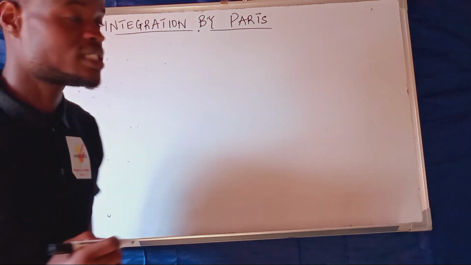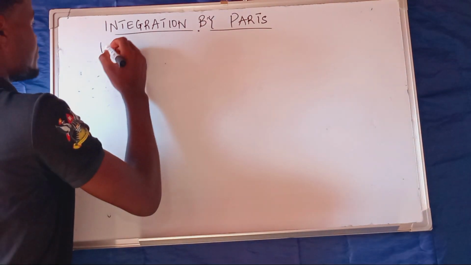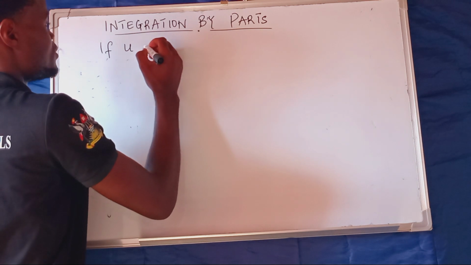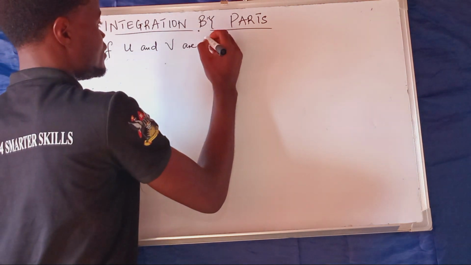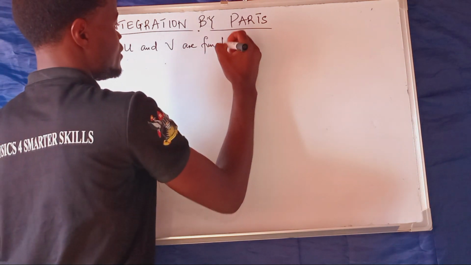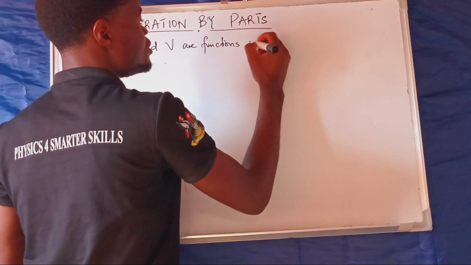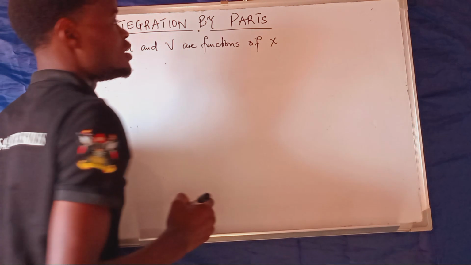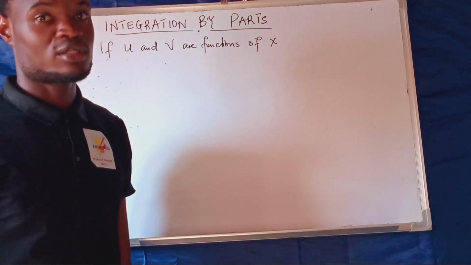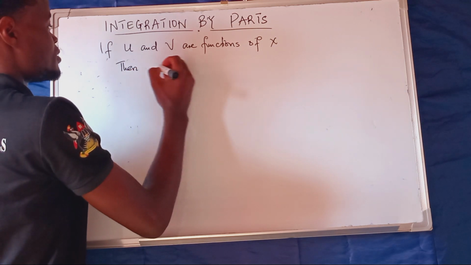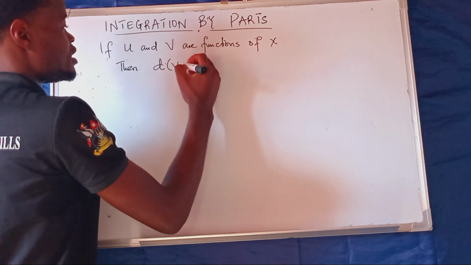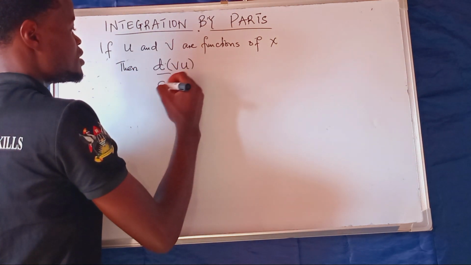We know that if u and v are functions of x, then what happens if we differentiate the product of these two functions?